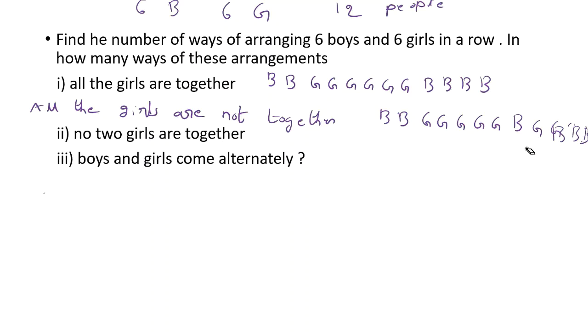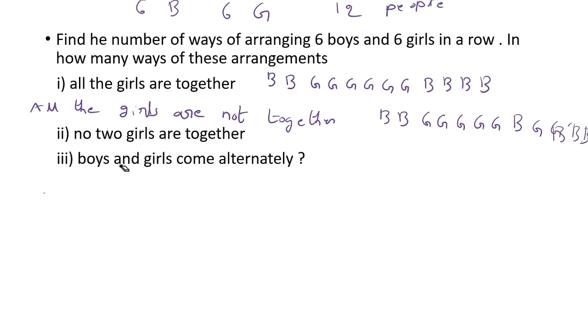I mean, we have 1 girl which is not sitting with these 5 girls. Therefore, this is an arrangement in which all the girls are not together. So all the girls are not together means girls are not sitting alternatively. If I say that all your family members are not together, then what you can understand is at least one person is out of station.